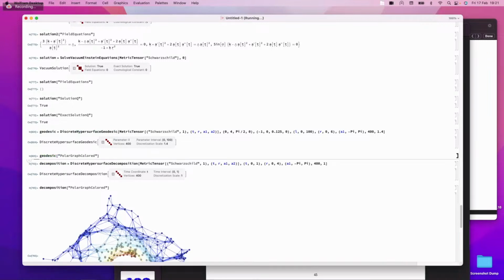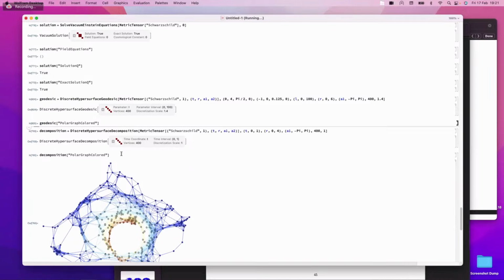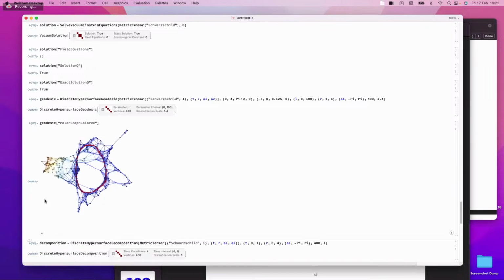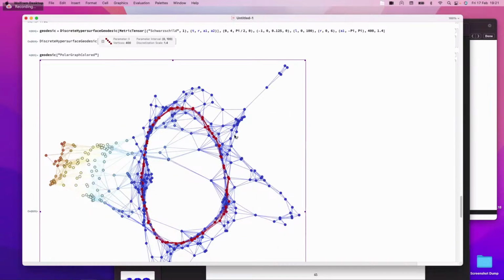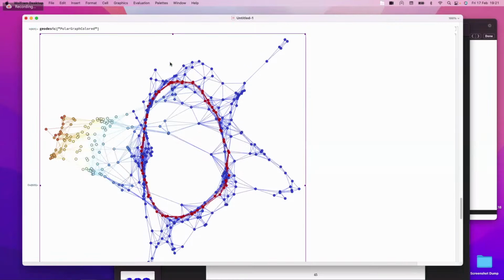The way this works is due to a very nice correspondence that we've known about for some time between solving geodesic equations in Riemannian geometry and finding shortest paths in graphs, with some weighting. So this is a Schwarzschild geometry with a geodesic.